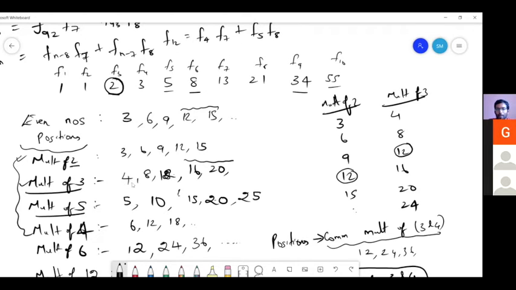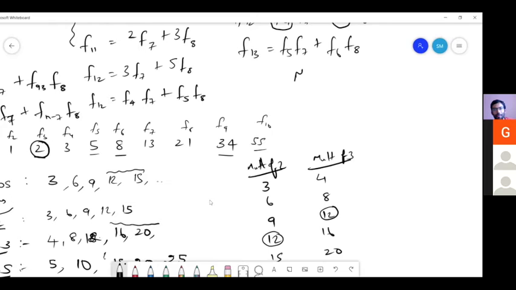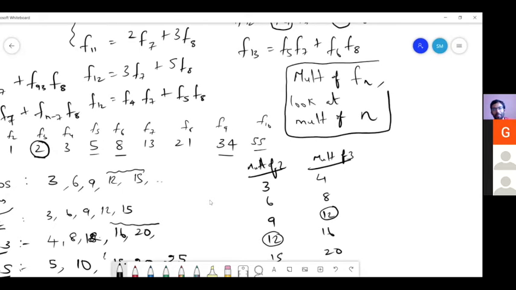So all the multiples of 4 will have a number which is a multiple of 3. It appears. Then 5 is occurring at its position, and then we have multiples of them. If you want multiples of Fn, then look at multiples of n is what the pattern is saying.